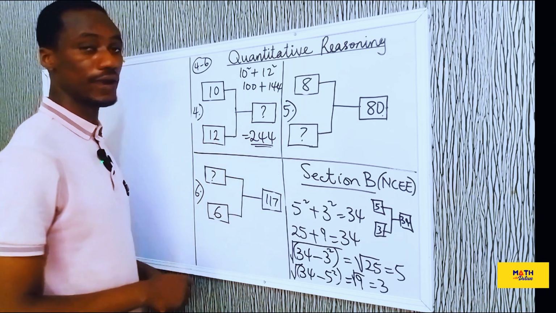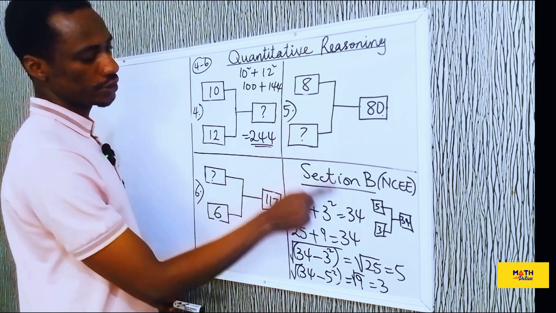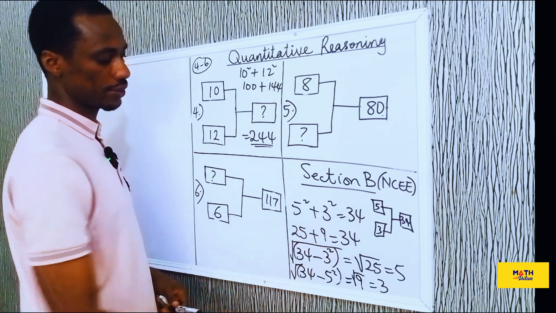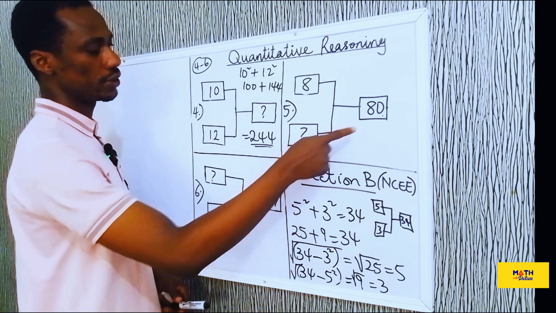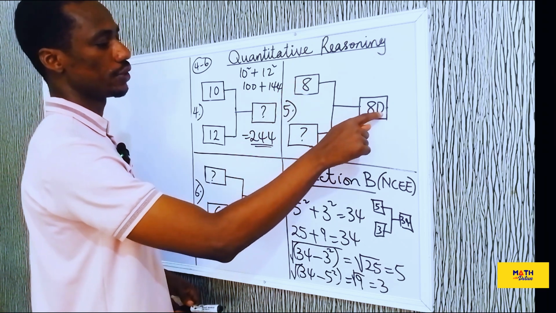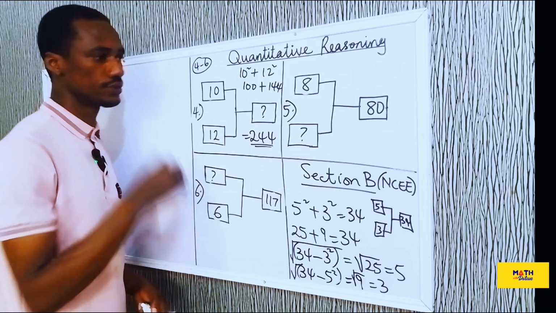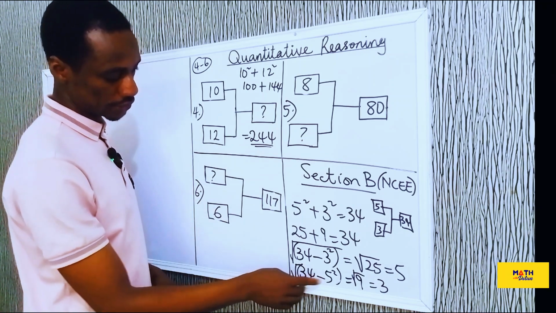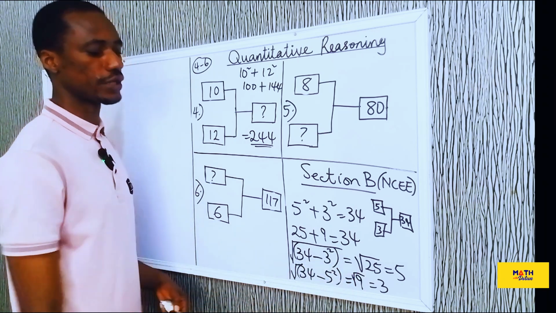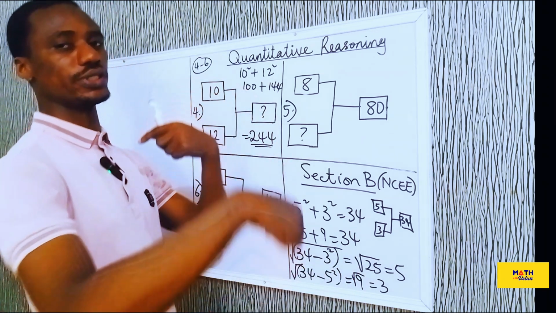So let's go to number 5. We are looking for this missing part. In our analysis, that's 3. How did we get 3? We subtracted the square of 5 from 34, we got 9, and then we took the square root of 9, we get 3. So we just reversed what we did.